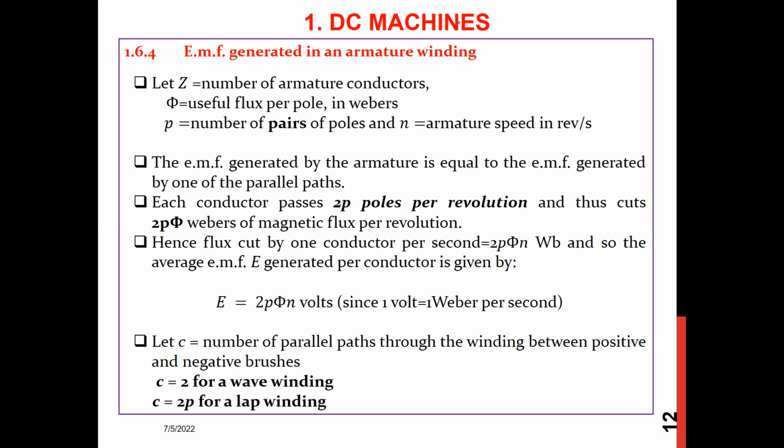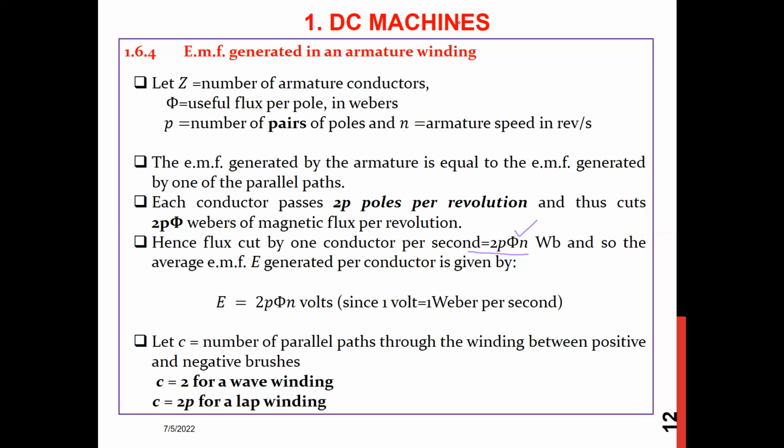So the flux cut by one conductor per second is 2p phi n, 2p representing the number of parallel paths in wave wound.